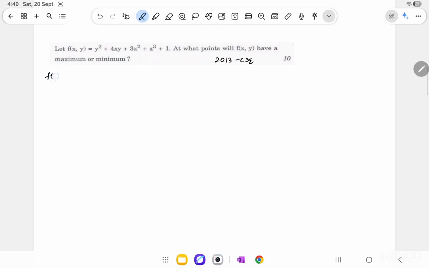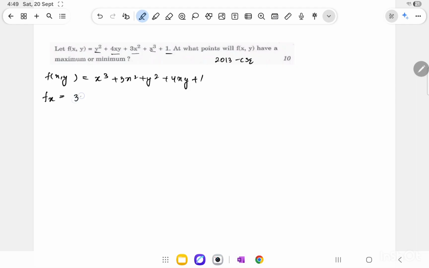So function f(x, y) is basically x cube plus 3x square plus y square plus 4xy plus 1. So let's find out its first order partial derivative with respect to x.